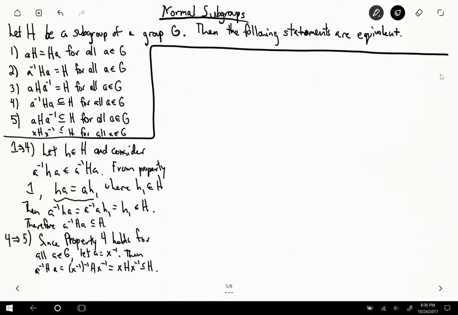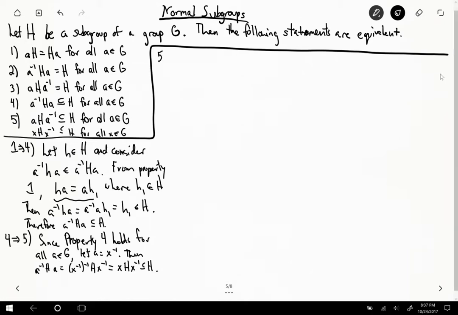So what happens? Well, we have this X H X inverse, so we have basically proven that for any single one of these, we can plug in the inverse and get the other property. So we have that 4 implies 5.